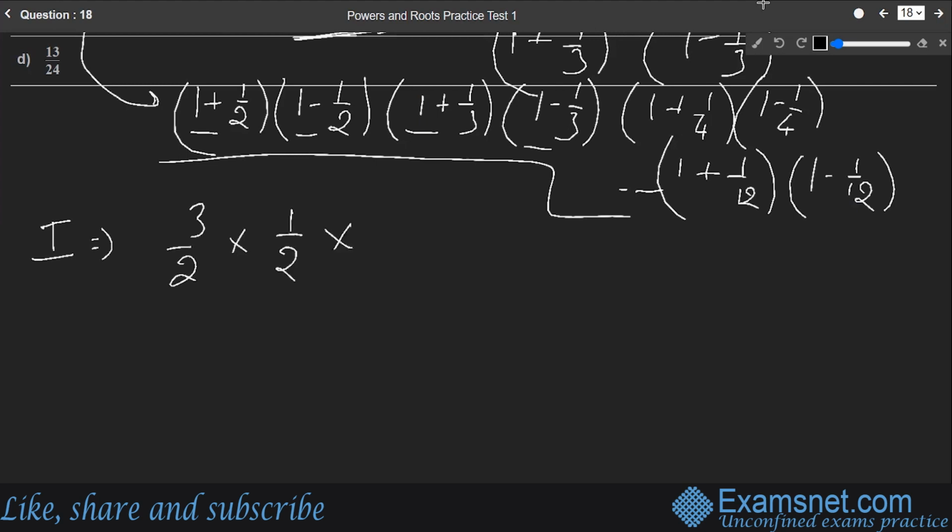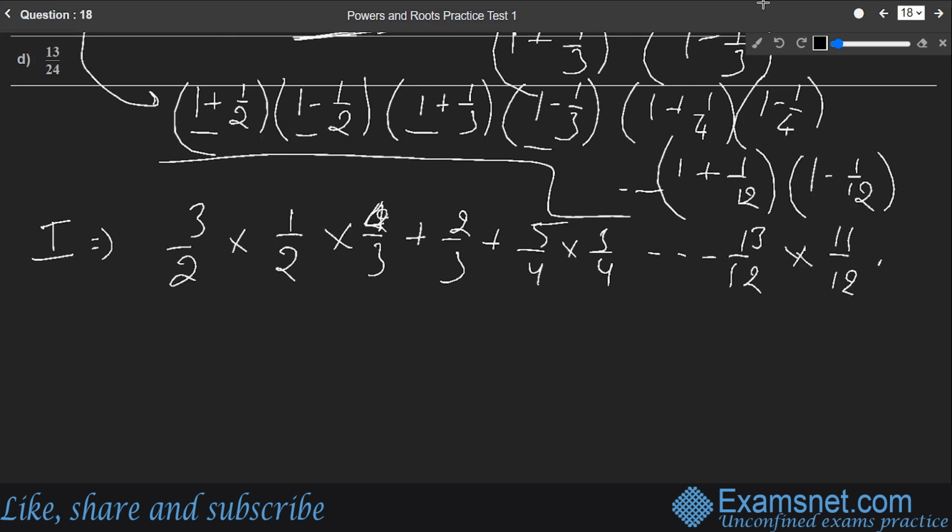Then 1 plus 1 by 3 is 4 by 3, 1 minus 1 by 3 is 2 by 3, 1 plus 1 by 4 is 5 by 4, 1 minus 1 by 4 is 3 by 4. So it's going to be like that till 1 plus 1 by 12, which will be 13 by 12, and 1 minus 1 by 12, which will be 11 by 12. So it's going to be like that till the last.